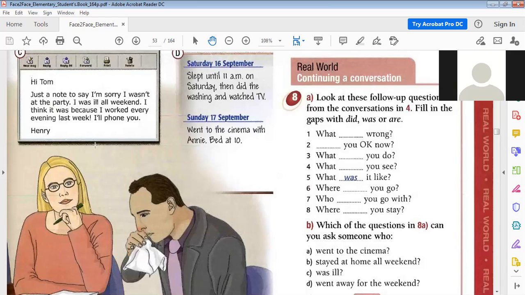Can you find any phrases in this letter? Any phrases? Setsabil, can you find any phrases? Rana? No. Was ill. I was ill.